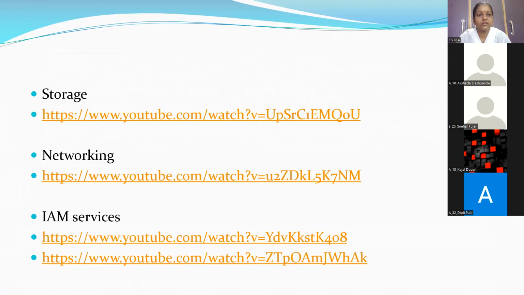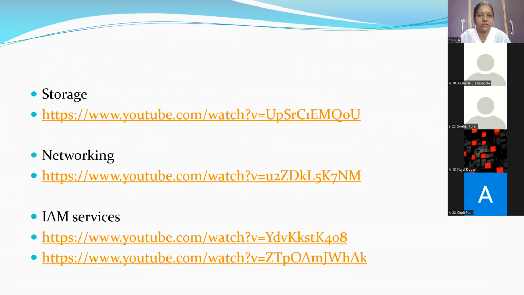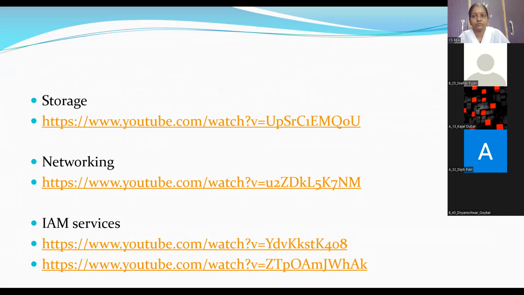We are having some basics related to the storage, networking, and IAM services. If we go for storage, first of all, the storage of CloudStack. CloudStack defines two types of storage, the primary and secondary.